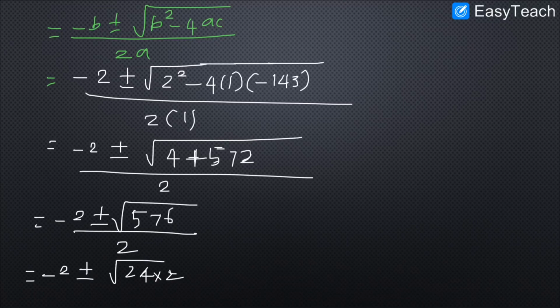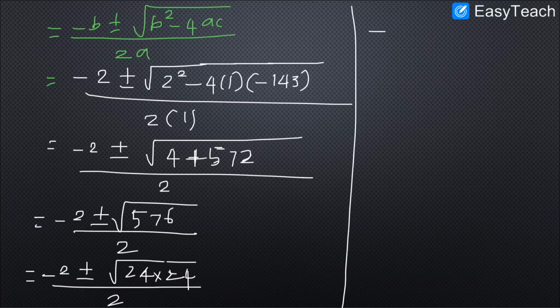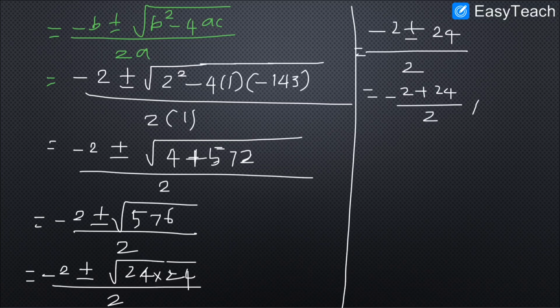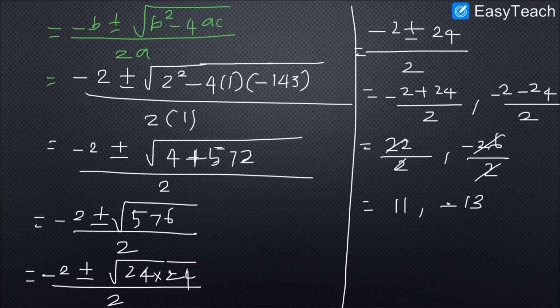Here 24 into 24 gives me 576, the whole divided by 2. So minus 2 plus or minus 24, the whole divided by 2. So minus 2 plus 24 divided by 2 and minus 2 minus 24 divided by 2.